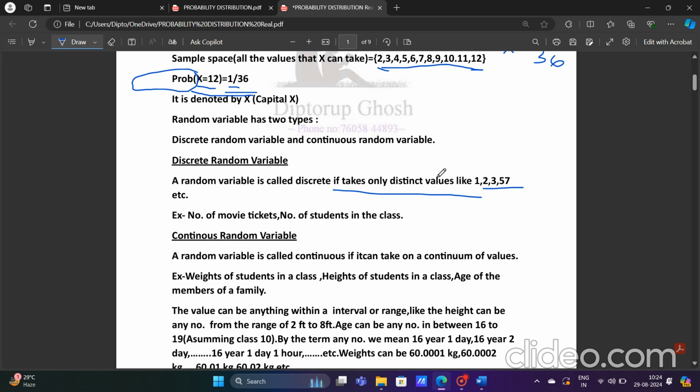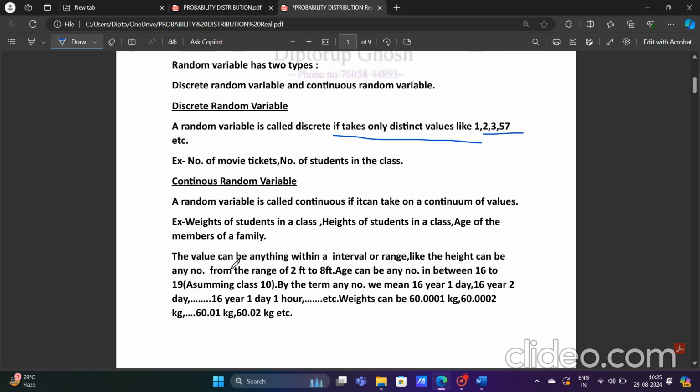It can be 18.2, it can be 30.5, it can be 45.7, it can be 39.6. So basically the variable is not taking any distinct value, just like the previous case. It is taking a continuum of values. In between the range, it can take any value.